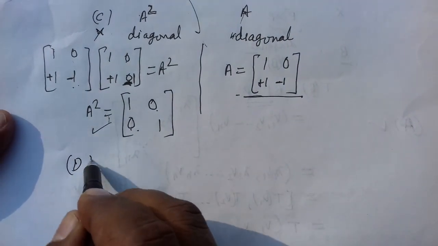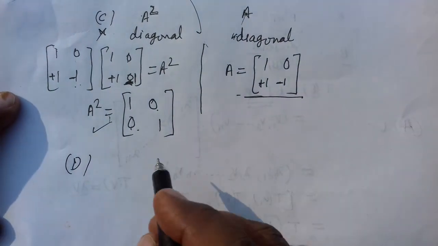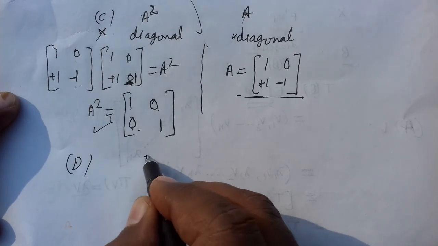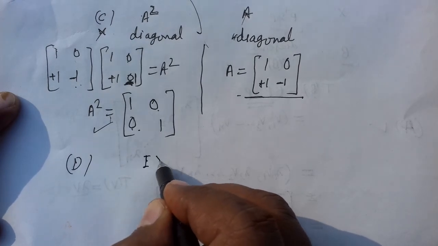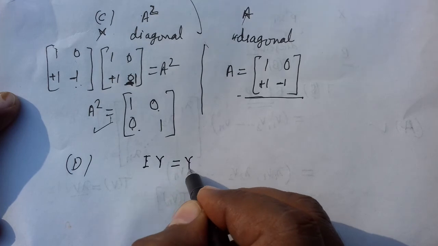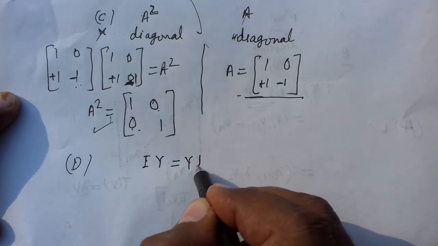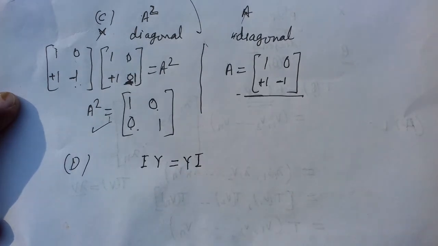Now D. You know that the identity matrix commutes with any matrix, that is IY equals YI.